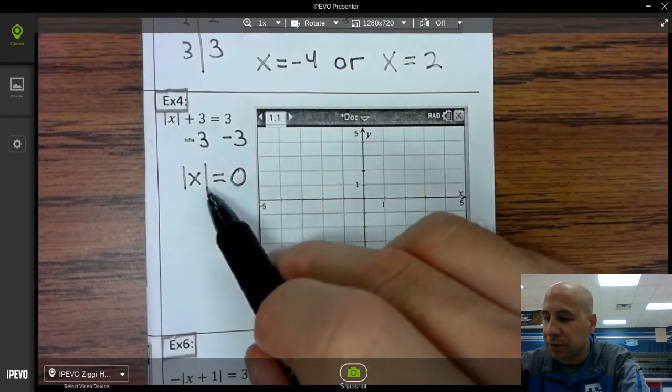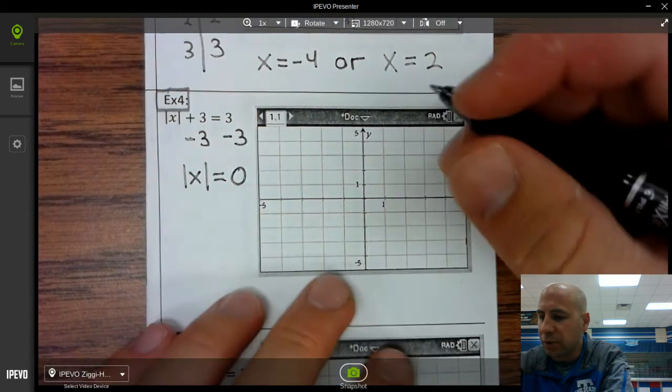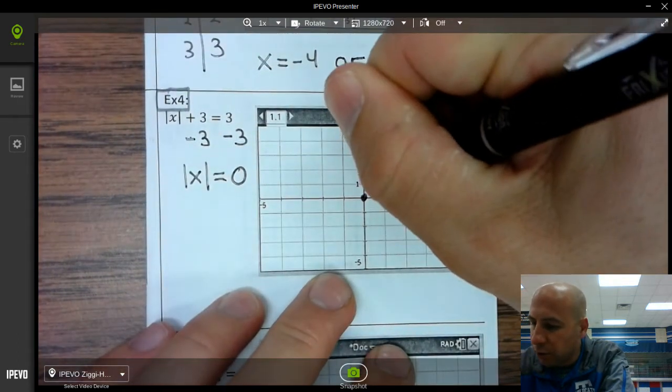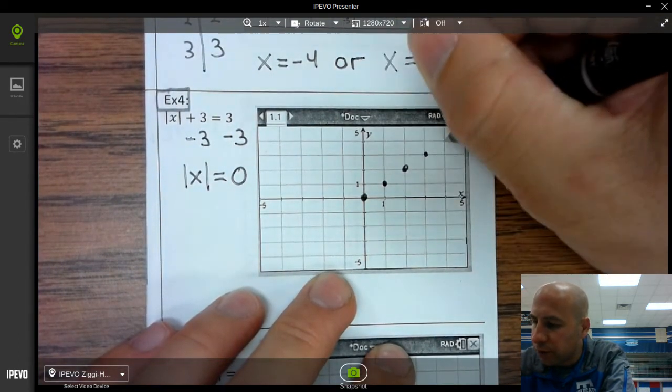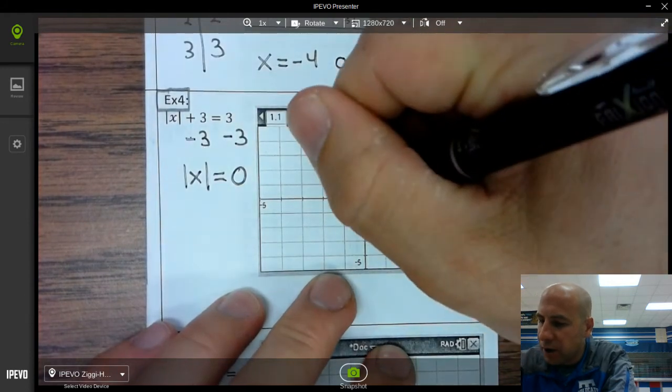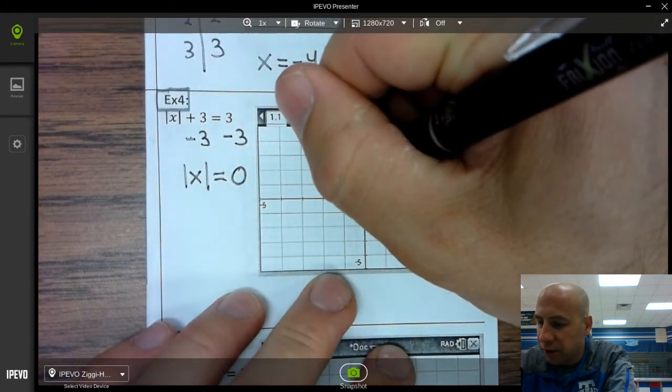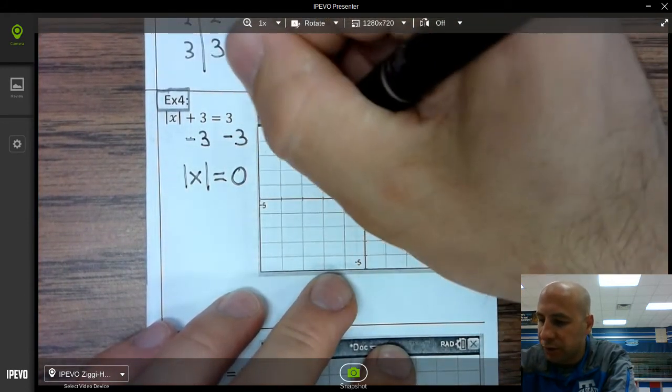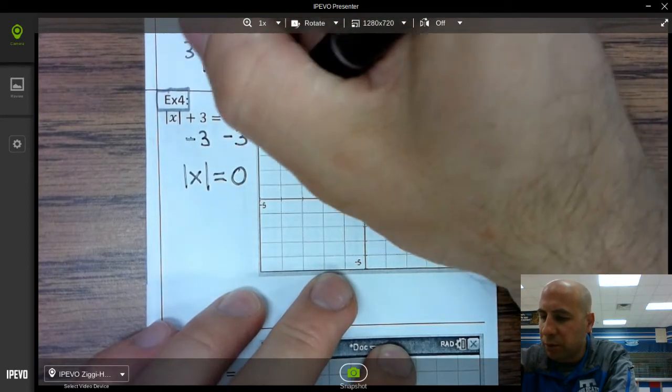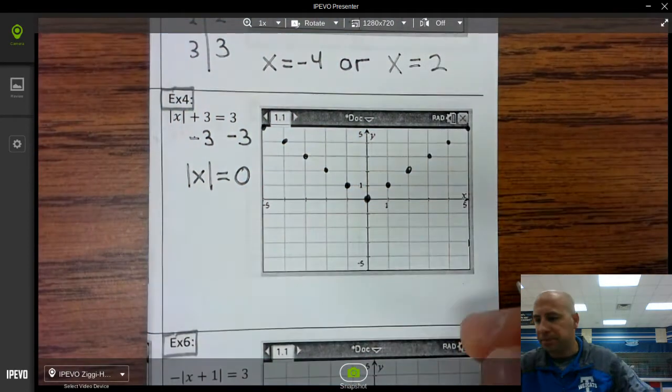So the graph to the left side, this is the parent function's absolute value. So we know that 0, 0, 1, 1, 2, 2, 3, 3, 4, 4, 5, 5. And then again, the symmetric points: negative 1, left 1 up 1, left 2 up 2, left 4 up 4, left 5 up 5. Okay.